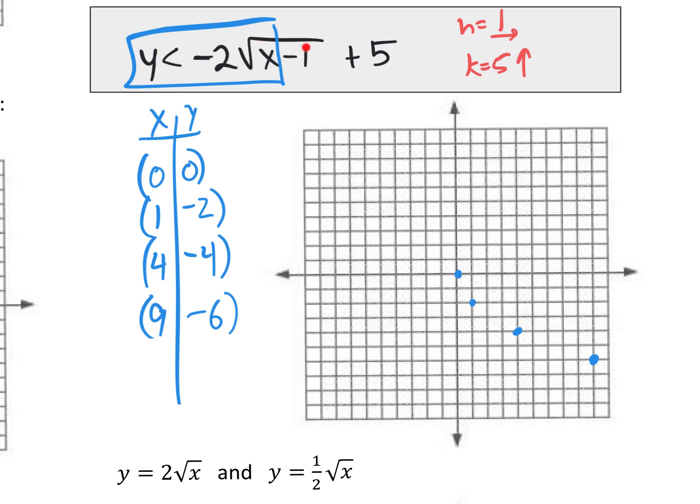But we still need to do an h shift and a k shift to all these coordinates to get to our final point. So we're going to shift all these coordinates 1 to the right and 5 up according to h and k. So 1 to the right and 5 up. 1, 2, 3, 4, 5. Sorry about that. Took me a little bit longer. And then the next coordinate, 1 to the right and 5 up, will be right here.